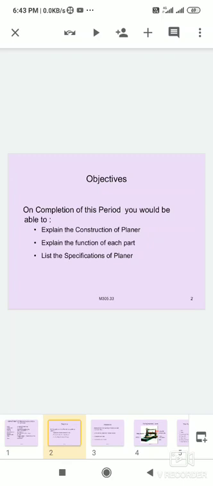It is used in industry for producing large work pieces and heavy work pieces. It is designed with stationary housing for holding the tool heads and reciprocating table for holding the work pieces.